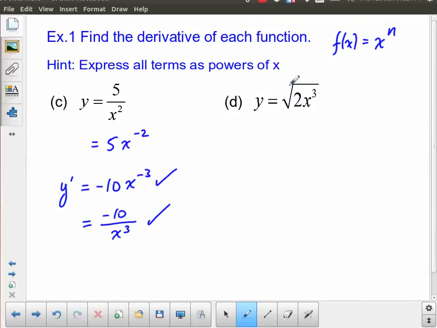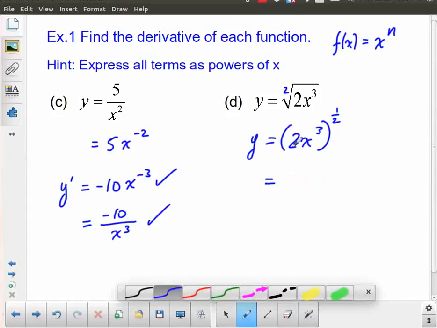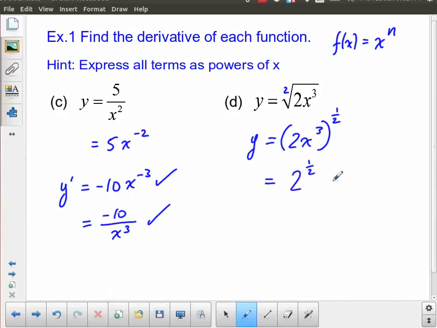Finally, this one, this is a square root. So once again, I'm going to write this as powers of x. So the first thing I'm going to do is take 2x cubed, and instead write it as the square root. I'm going to write that to the power 1/2. 2x cubed to the power 1/2 is the same as 2 to the power 1/2 and x cubed to the power 1/2.